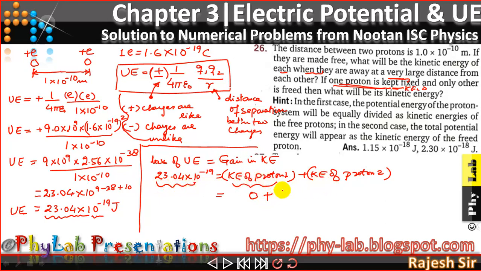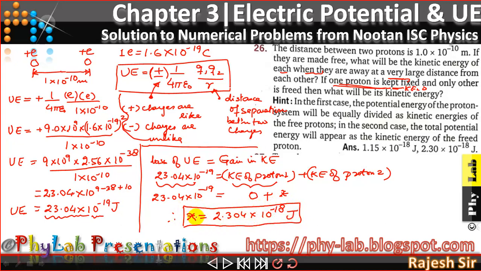Let's call its kinetic energy x now. So the second proton will share the entire potential energy, which is 23.04 into 10 to the power of minus 19 joule. Therefore the kinetic energy of the second proton will be 2.304 into 10 to the power of minus 18 joules, provided proton number 1 is kept fixed.